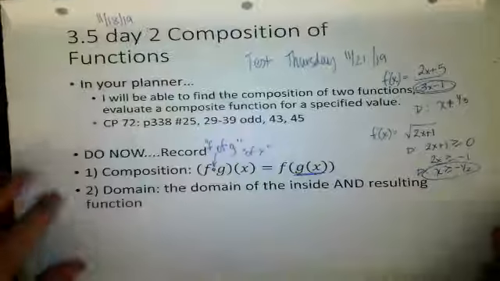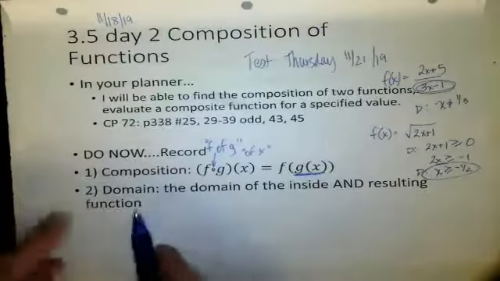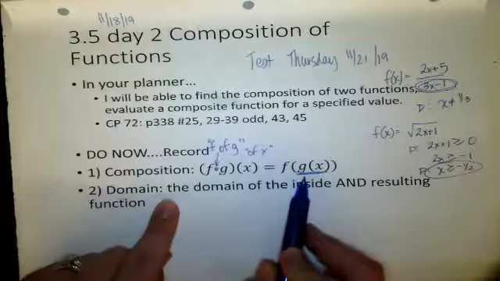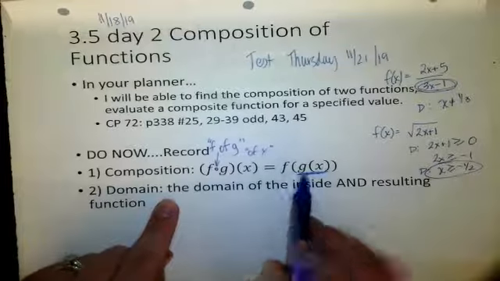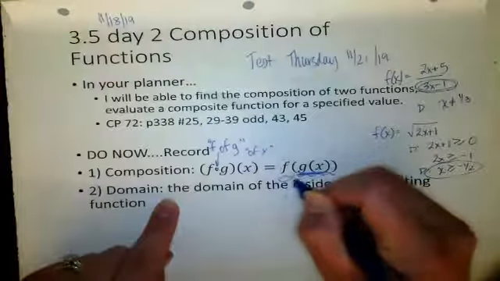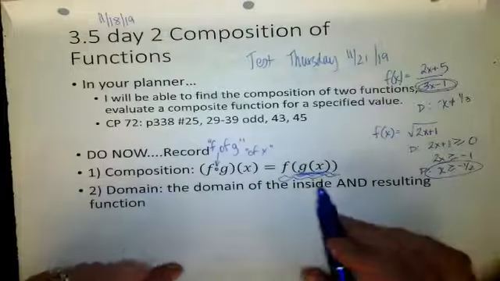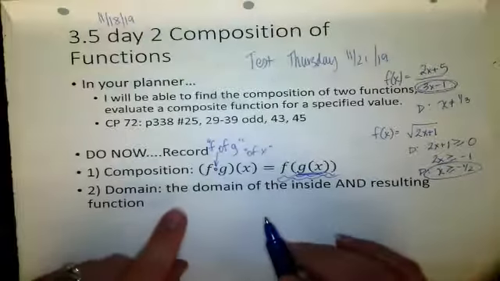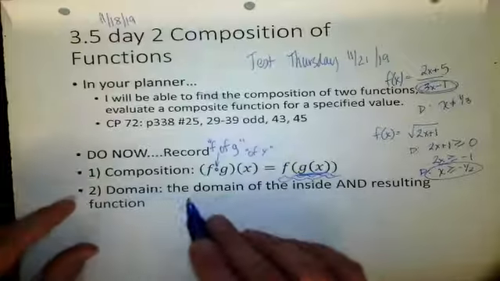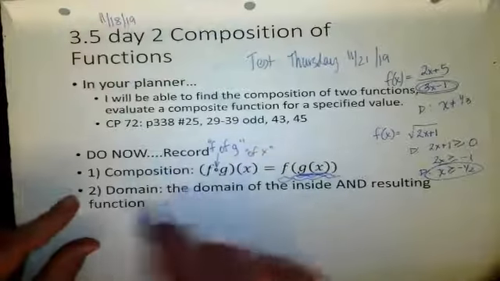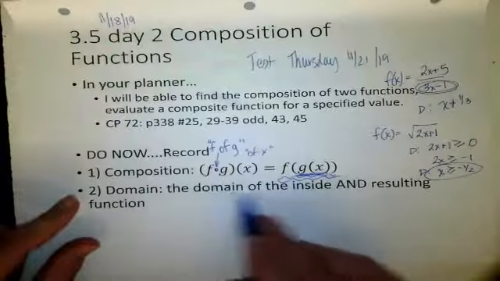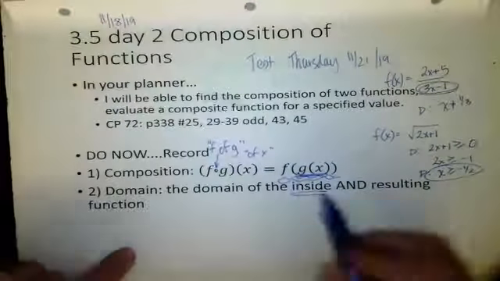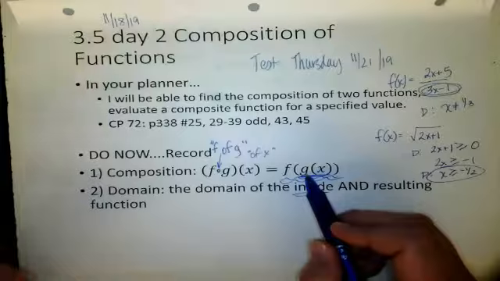All right. Okay, this is the really important part. F of g of x. We're going to use this notation most of the time. And I'm going to show you how to apply that notation. The domain is very complicated. So that's why I said write this down. Record. Write this down. The domain of the inside piece, whatever's on the inside, right here, g of x is on the inside of the function.